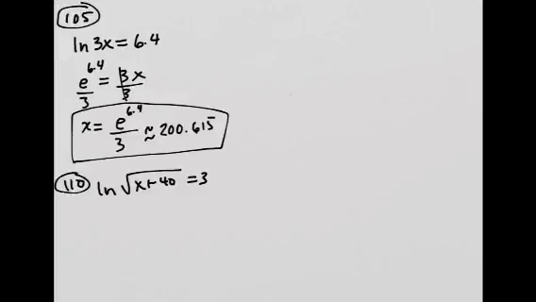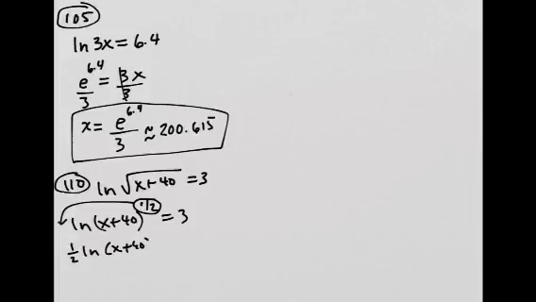Alright, for 110 I have two choices. I can either change the radical to a rational exponent like this, like that. Bring the 1/2 over to the front, so I have 1/2 natural log of x plus 40 equals 3. Then I could multiply both sides by 2 to get rid of the 1/2.